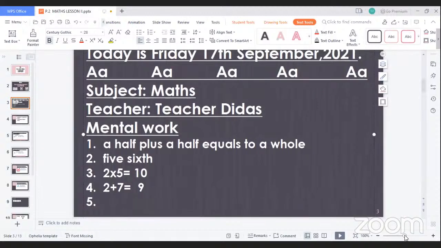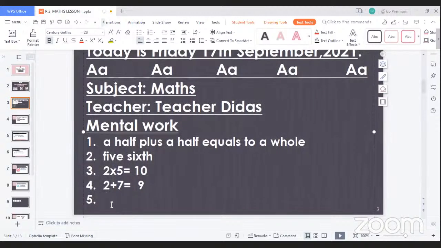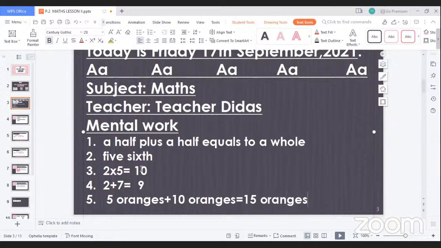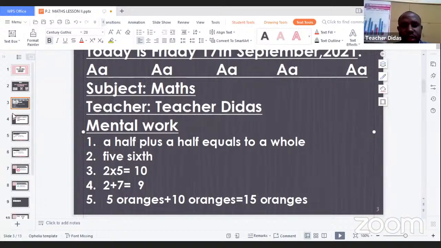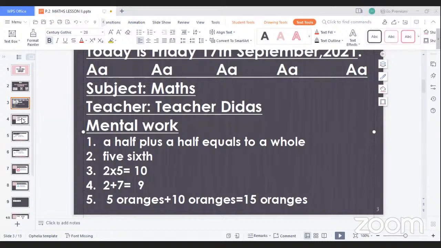What's the answer? Peter has 5 oranges and John has 10. So how many do they have altogether? 15 oranges. All of them have 15 oranges. Thank you very much, Caleb, for your answer.